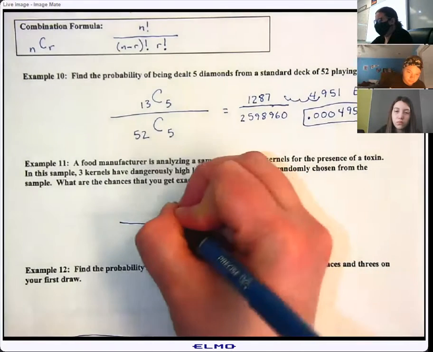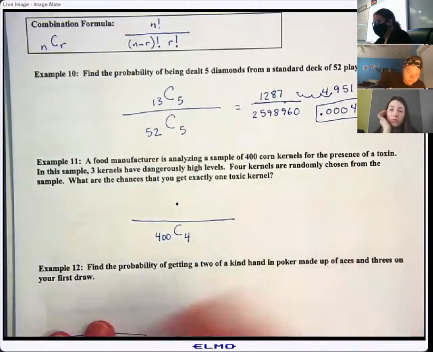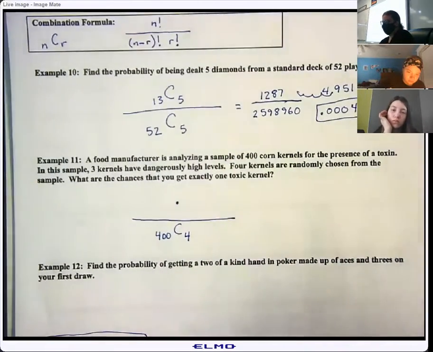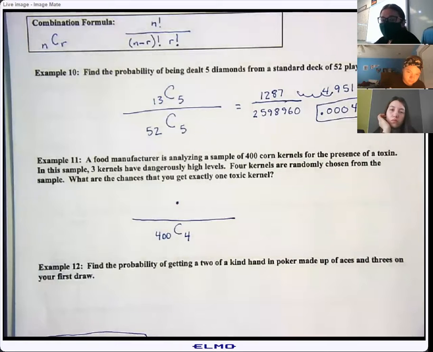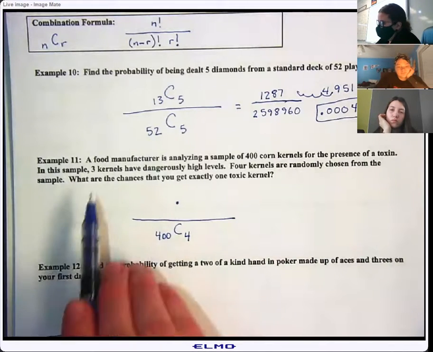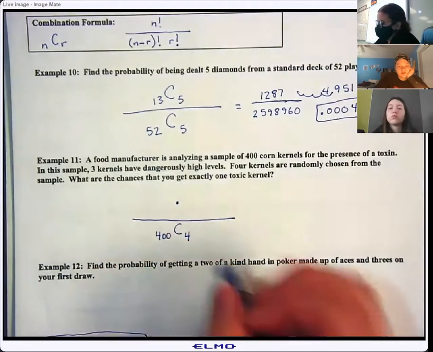Now I'm trying to figure out how many non-toxic kernels are in this batch that we know of out of those 400. It says 3 of them have high levels, so how many are not toxic? 397. Good.